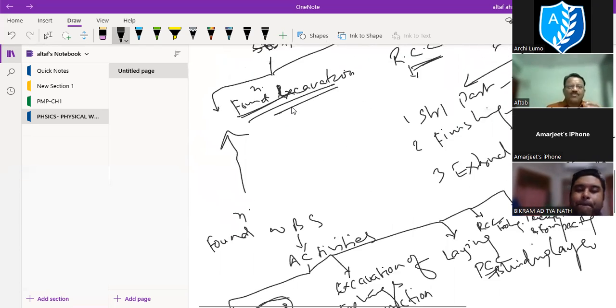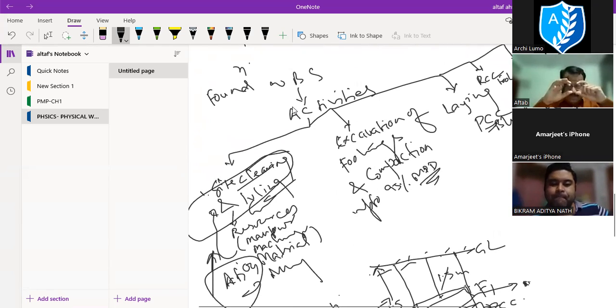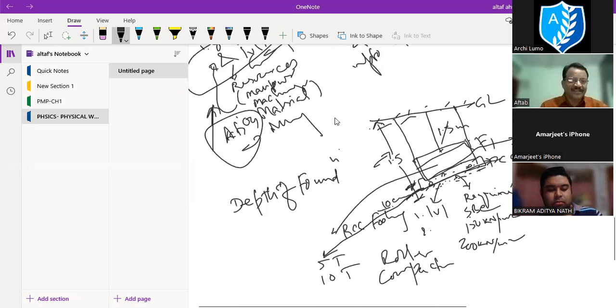How we will do WBS, how we will convert the entire project into small parts of WBS, and how WBS will be given activities, all these things we will learn in the next project. Because you people are architects and practical guys, I'm not keeping myself attached to software itself.